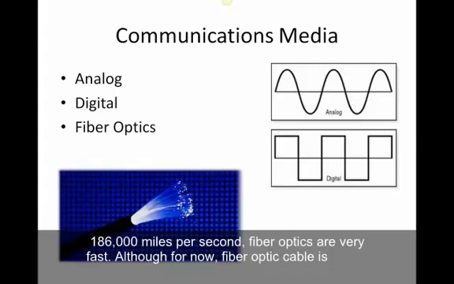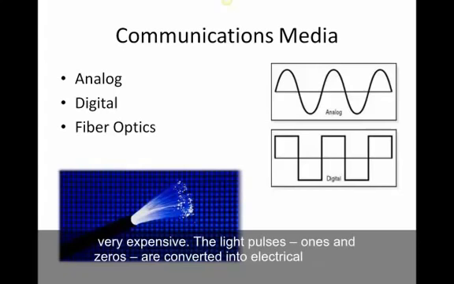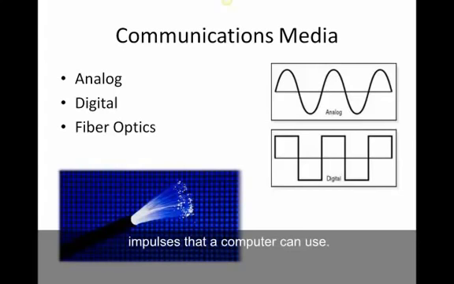Anyway, fiber optics are very fast. So a light pulse is pushed down very quickly, and a pulse on is a 1, off is a 0, and that light is converted into electrical impulses that a computer can use.